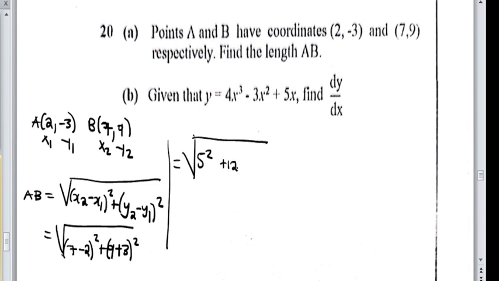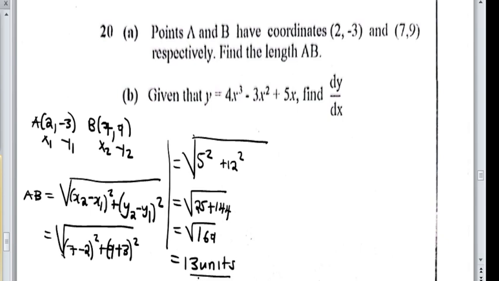Then 5 squared is 25 and 12 squared is 144. 25 plus 144 is 169, and the root of 169 is 13. So the distance is 13 units. That's the answer. So that's the length.